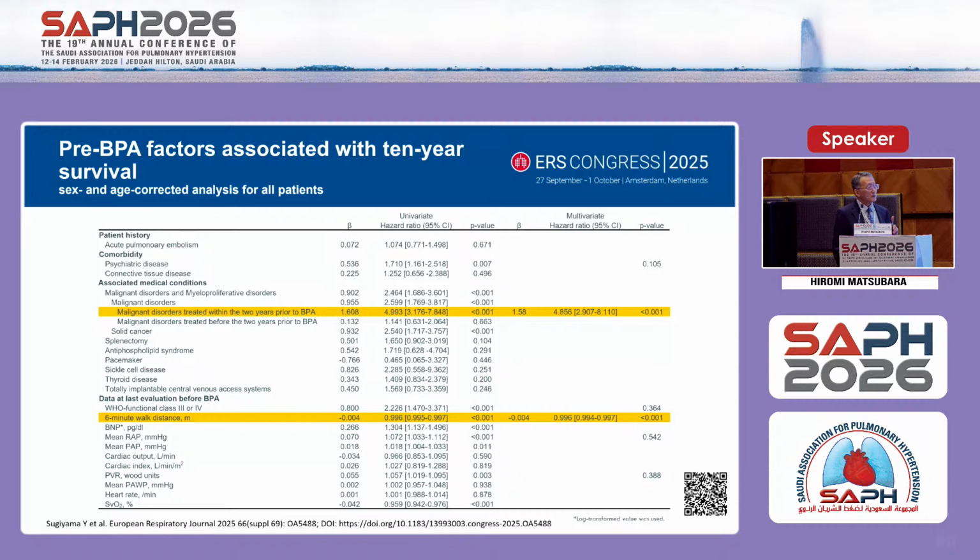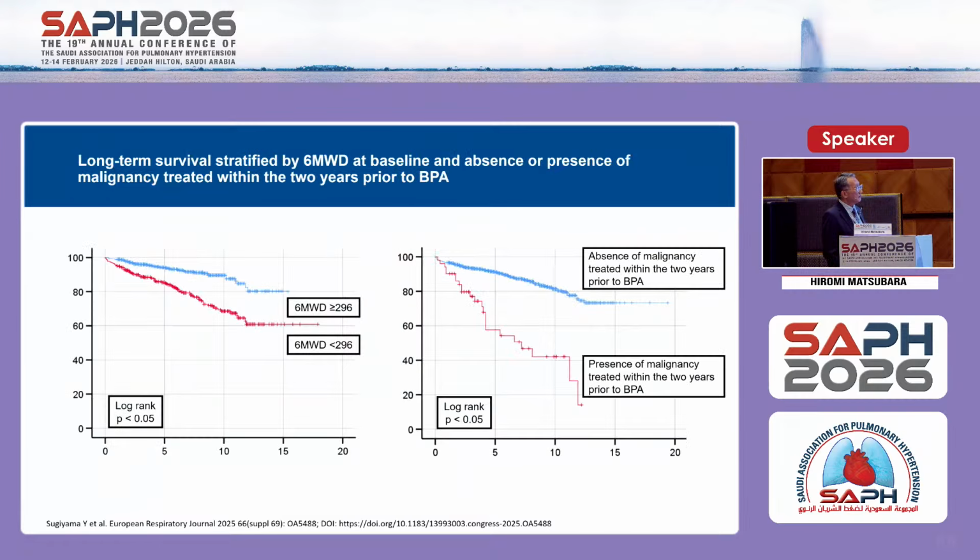It means that probably the patient's condition before BPA, meaning right heart failure or frailty, would influence the outcome. Regarding 6-minute walking distance, the threshold value was about 300 meters.